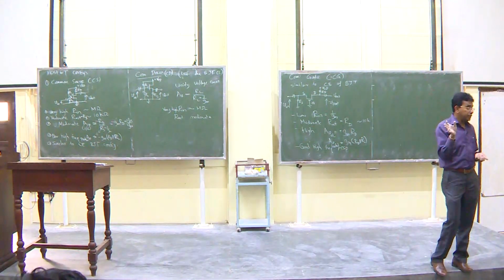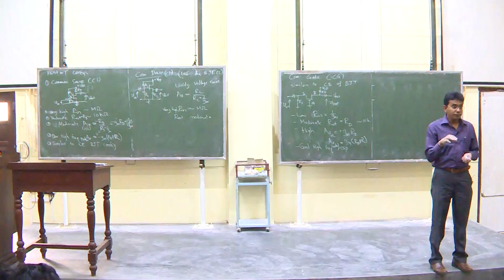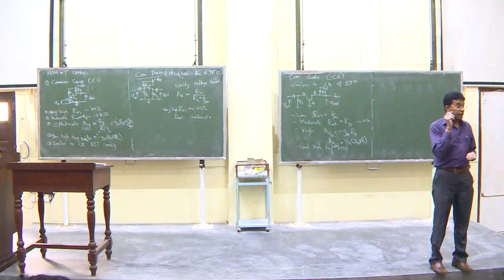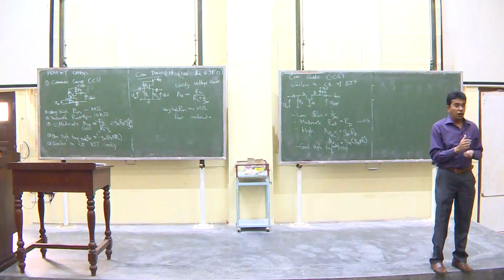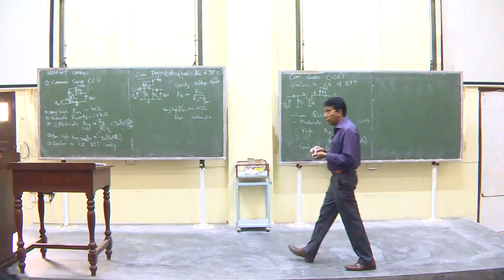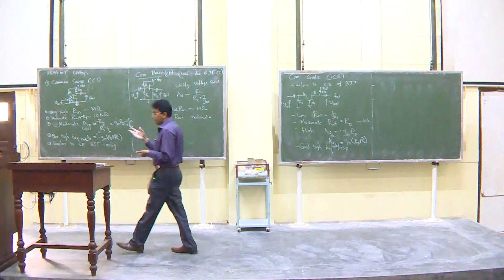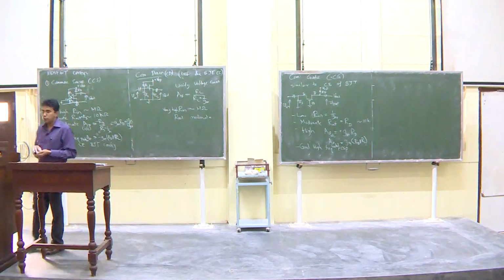Whereas BJT circuits are much slower, but can handle much larger currents, and input impedances are much smaller. Output impedances can be moderately low, like less than 100 is possible. Okay.